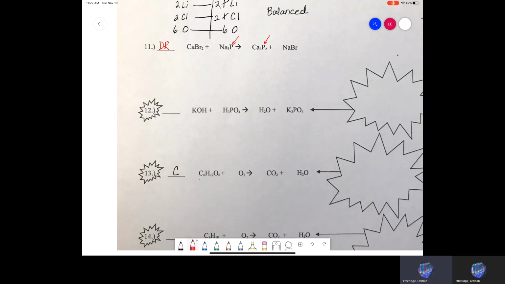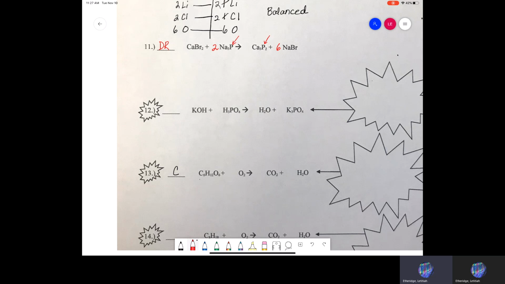So I'm going to need 2. So let's just put a 2 here and see what happens. Okay, so now my biggest change is now I have the correct amount of phosphorus, but now my sodiums are still out of whack. So 2 times 3 is 6 sodiums. Let's give ourselves 6 sodiums.